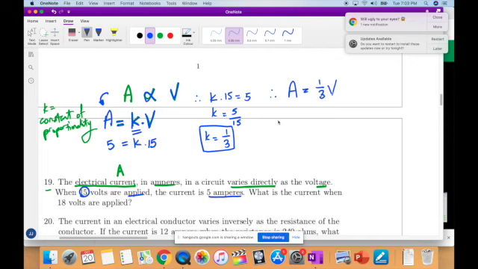And a fraction means a lot of different things, right? So if I have 5 over 15, that could mean 5 divided by 15. That could also be a ratio of 5 to 15. A fraction could mean so many different things. Yeah? So how do you feel about that?